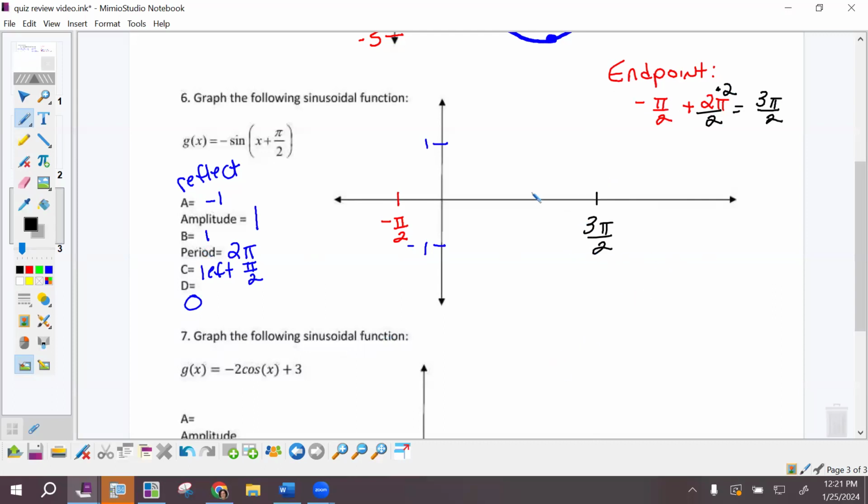Then I need the middle. So I need a middle point. That's 1/2. Add the endpoint.